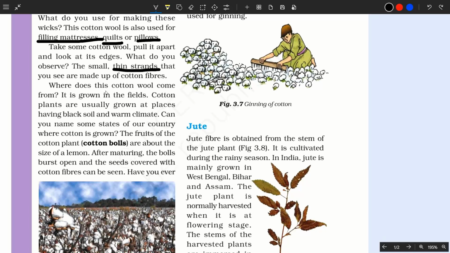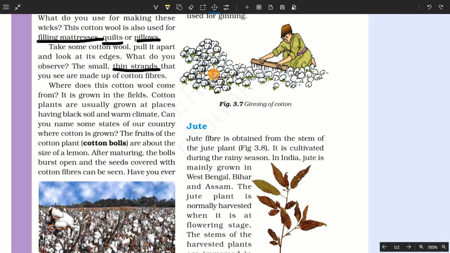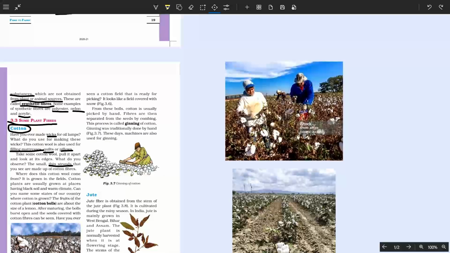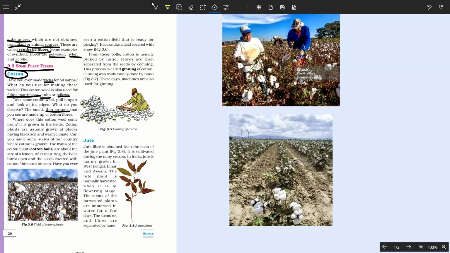Where does this cotton come from? You all know, right? Cotton comes from plants. These are the plants. How does a cotton plant look? This is the cotton plant, and this is a cotton plant field.